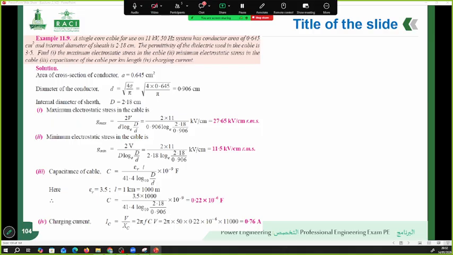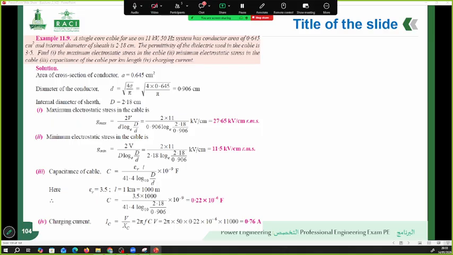This slide explains how to calculate the capacitance of a cable and its corresponding charging current. The capacitance C depends on the relative permittivity of the insulation, epsilon r, the cable length L, and the ratio of conductor spacing to conductor diameter, D over small letter d.